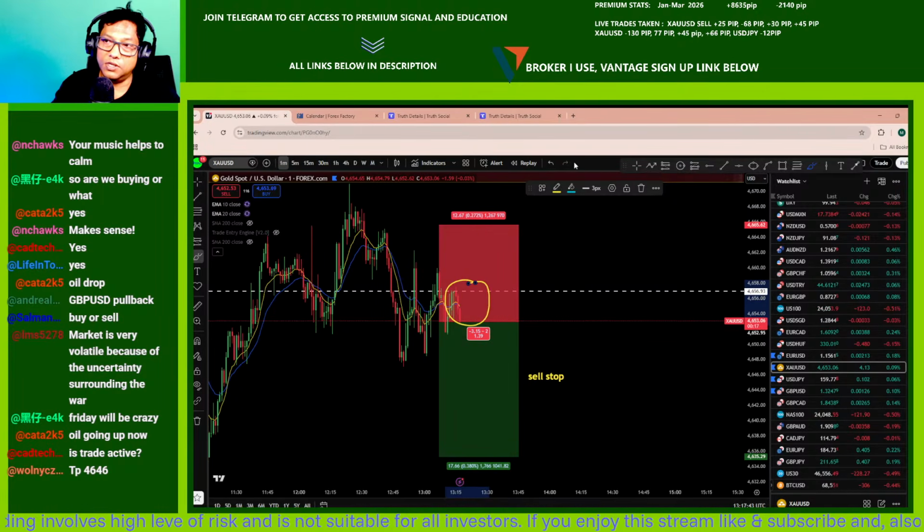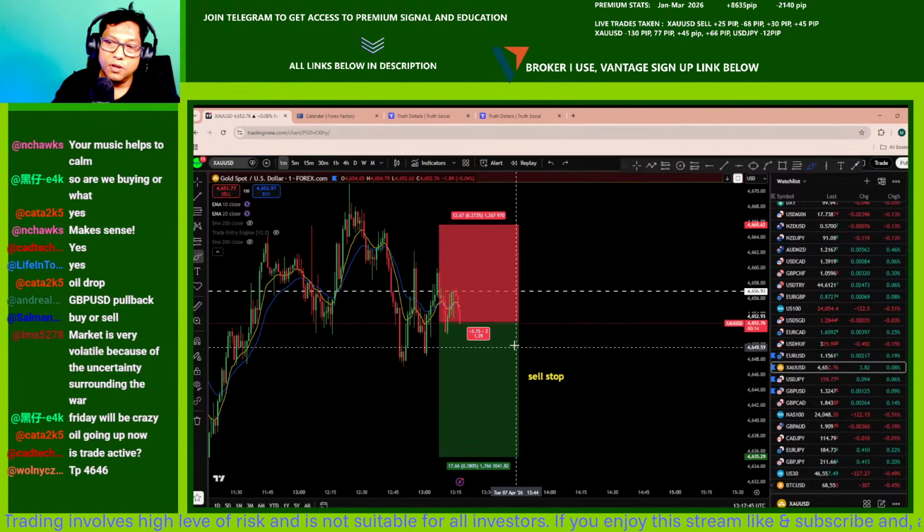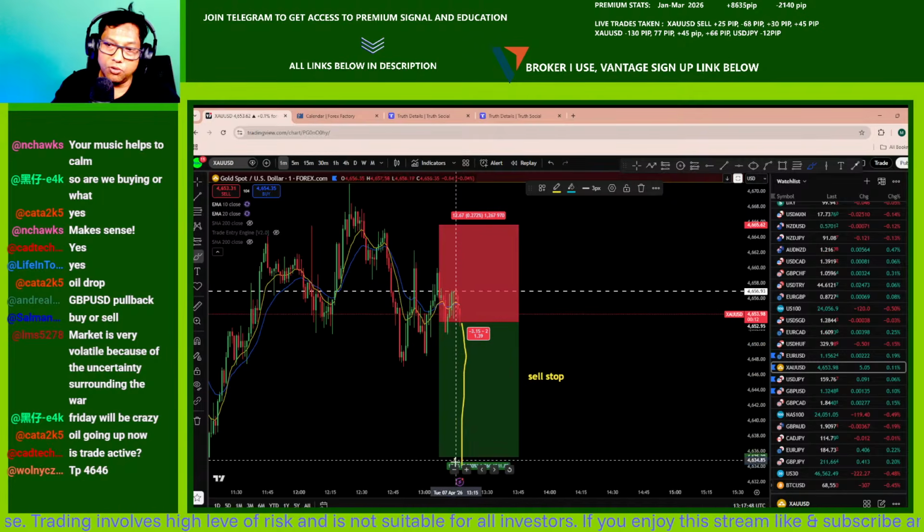All right. So here is what you can see in this area. This is where you can see the market is slowly breaking below and coming potentially down here.